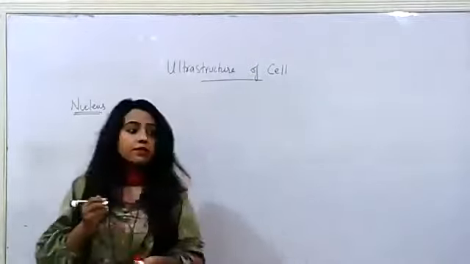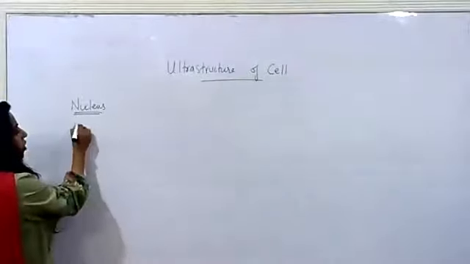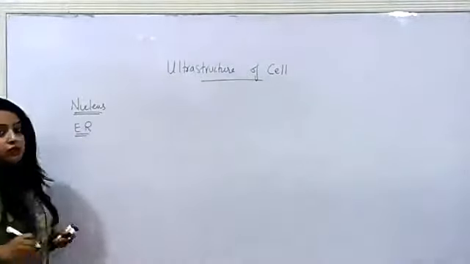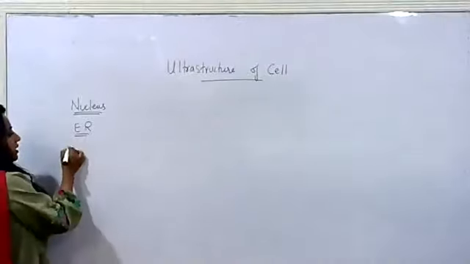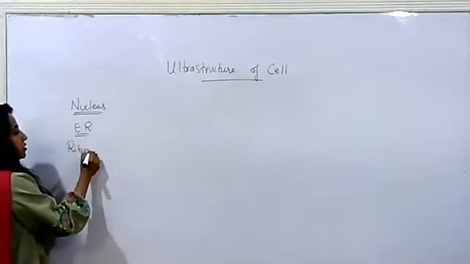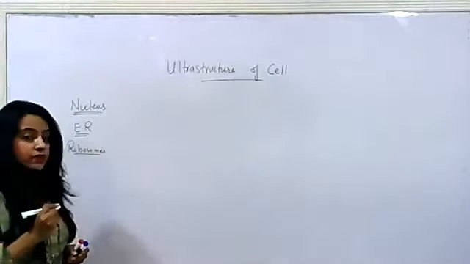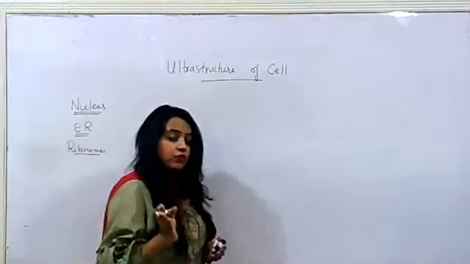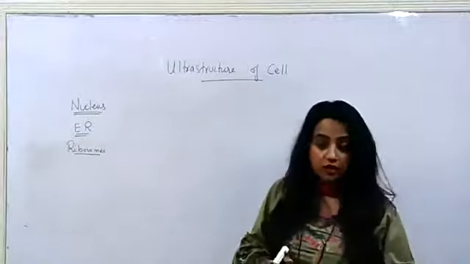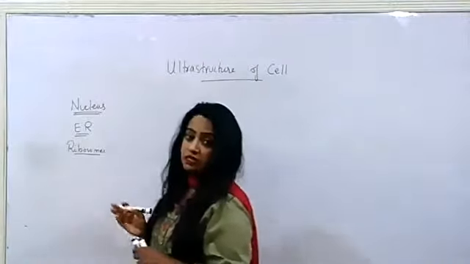Then we studied the ER, or the endoplasmic reticulum, right? Then linked with ER, we studied ribosomes. And we discussed that ribosomes are common between both prokaryotic and eukaryotic organisms, right? The only difference is their size.